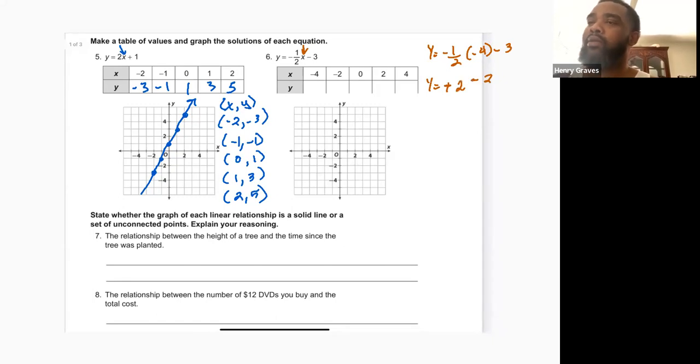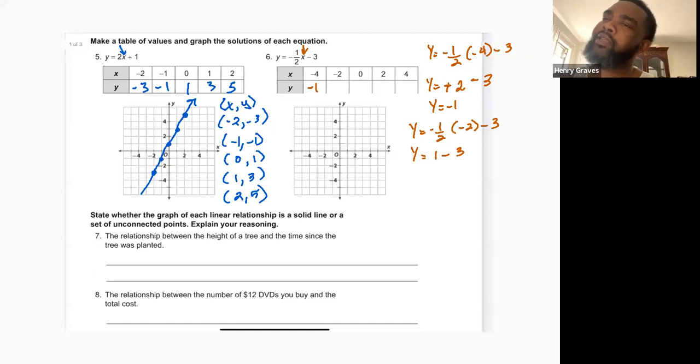And y here is equal to -1/2 times -2 minus 3. Y equals 1 minus 3, which is -2. So if my hypothesis is right, these are all going up by 1. So I go down by 1, down by 1. So it's going to be -3, this should be -4, and this should be -5.